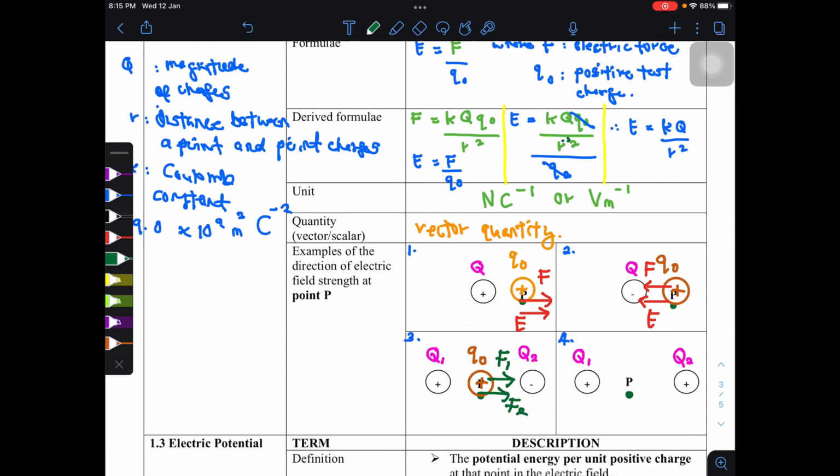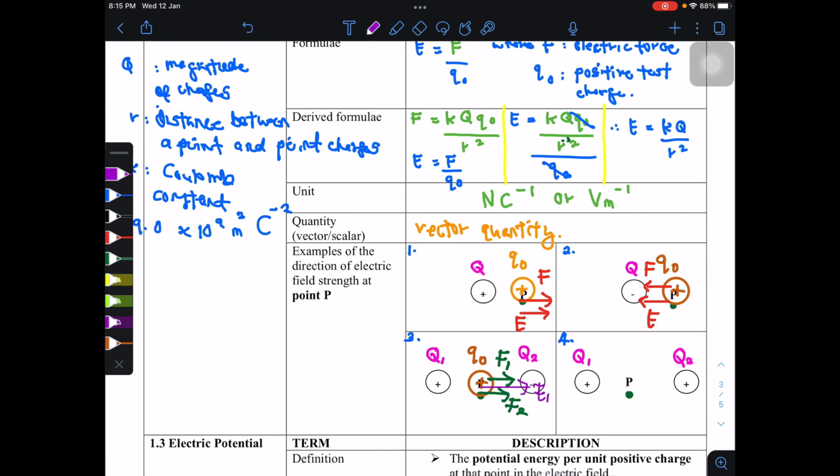So I show you by using another color. I use the purple color. So you will get the direction of the electric field on the test charge by Q1 is to the right. This is the E1.